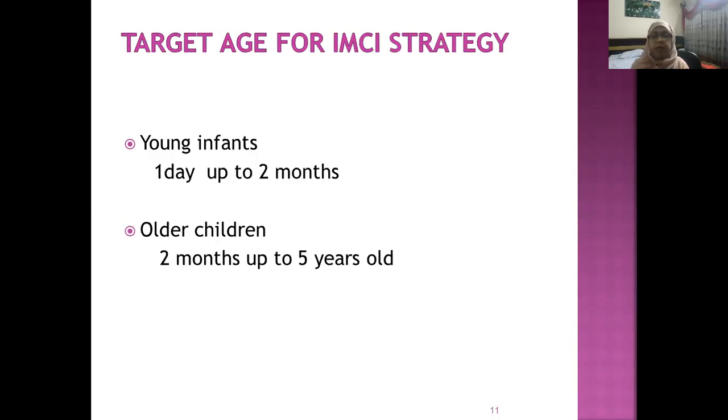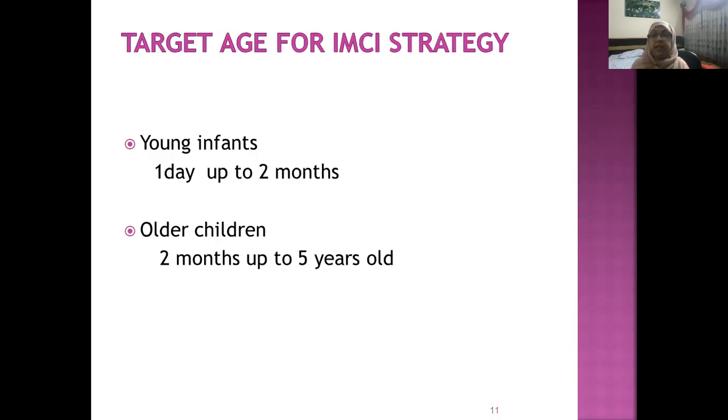As I have told, cough and cold, difficult breathing, diarrhea with dehydration, ear problem, may have fever with measles or malaria, may have malnutrition and anemia, may have other problems, and you have to assess a child of 2.5 months for immunization, and you have to assess a child of 1 year for vitamin A supplementation, like that.